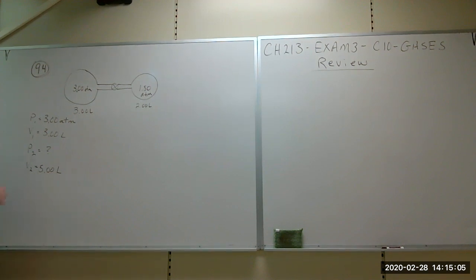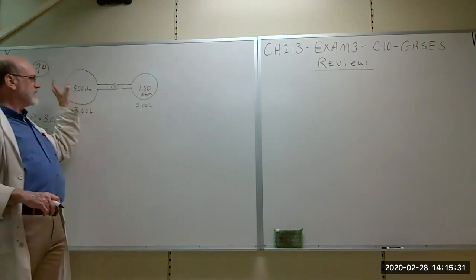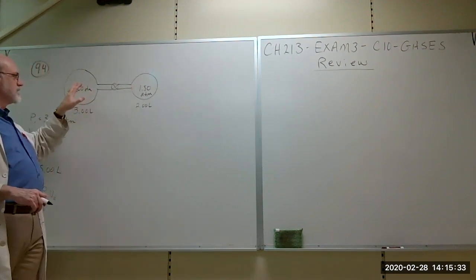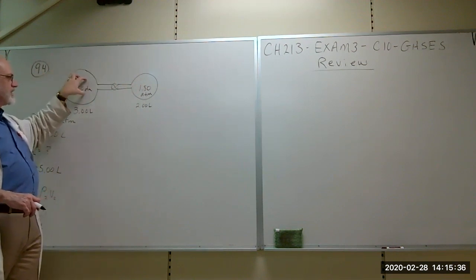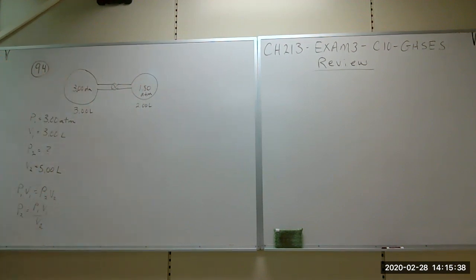Right? So if we solve for this P, let's just do it this way. P1, V1 equals P2, V2. Solve for P2 equals P1, V1 over V2. So we can find the pressure in the entire system attributed to that gas. Okay.